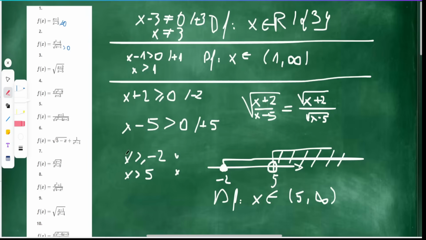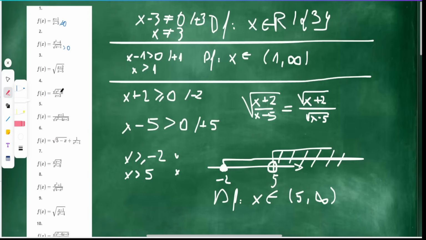So if we're looking for the common part of these two intervals, then this 5 belonging only to one of the intervals does not belong to the common part. That is, in the domain, which is the common part, we write that 5 is open. It means that it does not belong to the domain of the function. And the domain is all x from 5 to infinity.